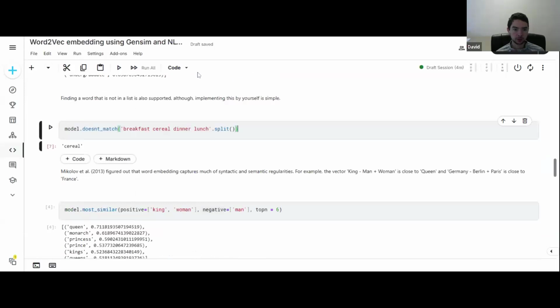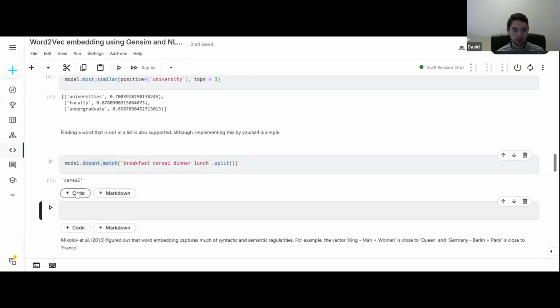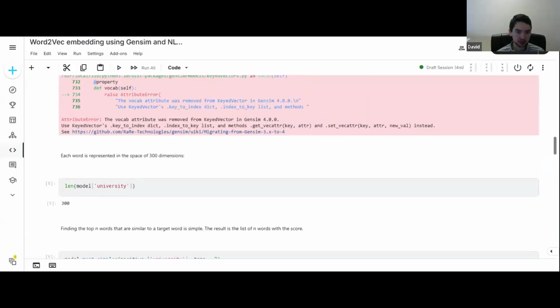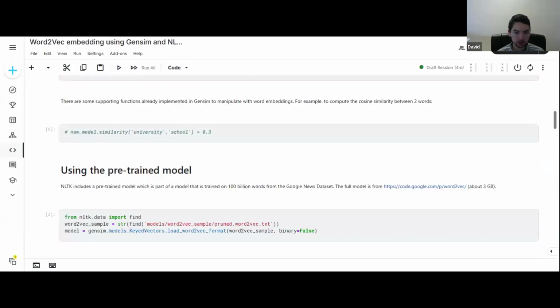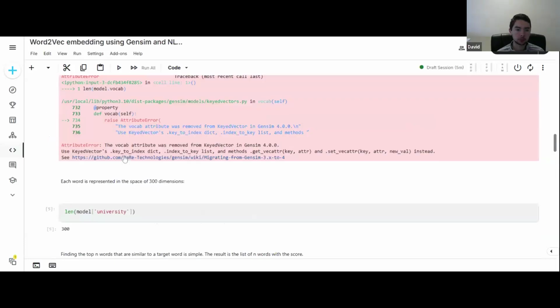So, for example, I think there's a way to say find the difference between them. Let's see. I don't know if that's an actual function. You know what? I'll look this up later, and maybe I'll post the notebook later.